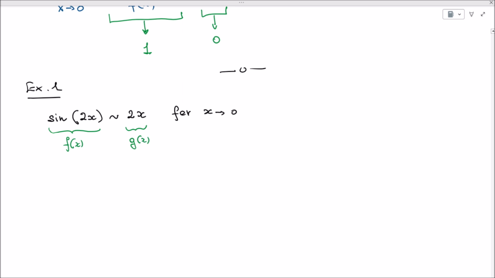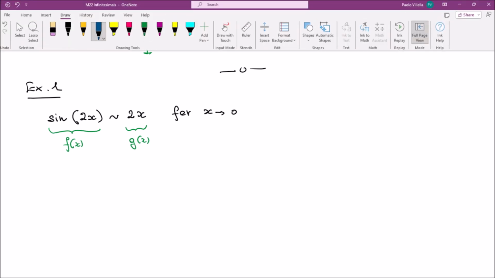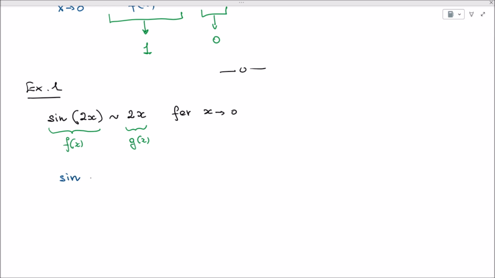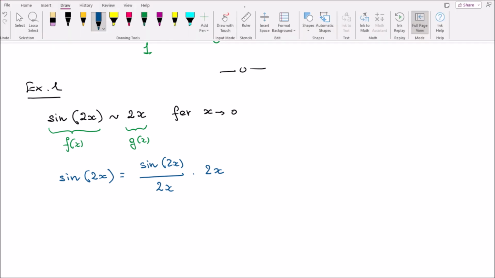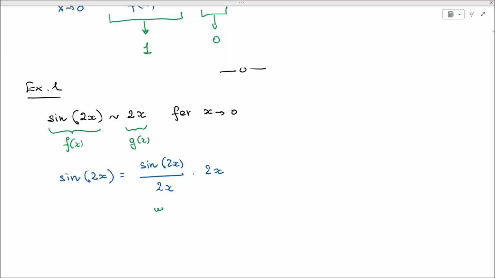So we would like to express f of x as omega of x times g of x. Now, this is not difficult because we just divide and multiply by 2x, so we can write sine of 2x divided by 2x times 2x, and this is the new omega of x.